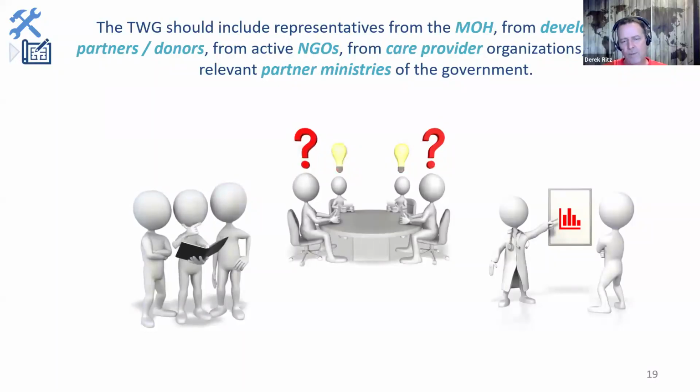And although Asia Development Bank was often funding it, the World Bank would also be there, and KOICA, which is the Korean investment donor group, and JICA, which is the Japanese donor group, and it would have NGOs that are working in country, and WHO and UNICEF and others. The idea of the technical working group is that it should be bringing all kinds of perspectives to the table. That's really, really important.